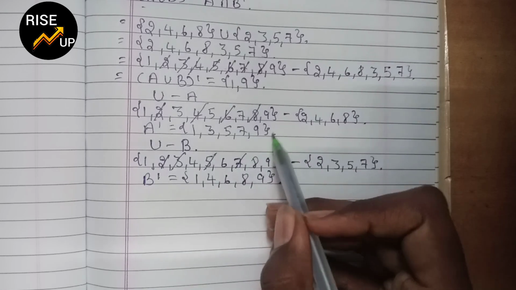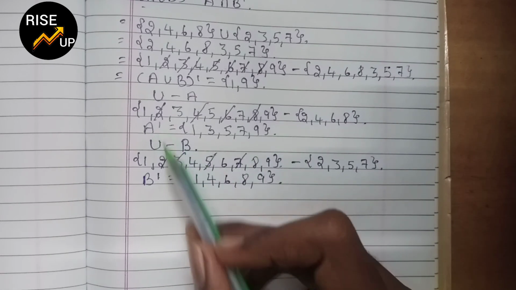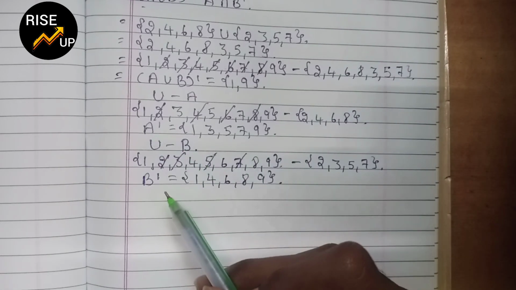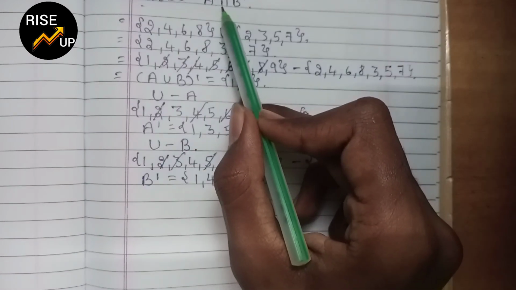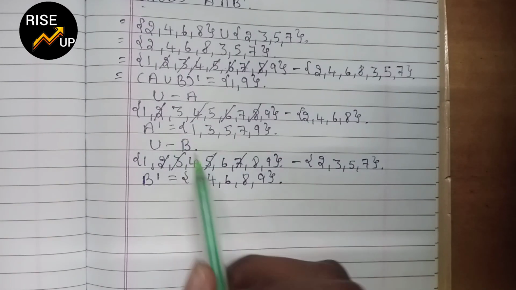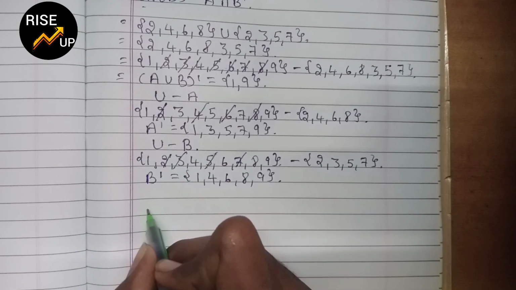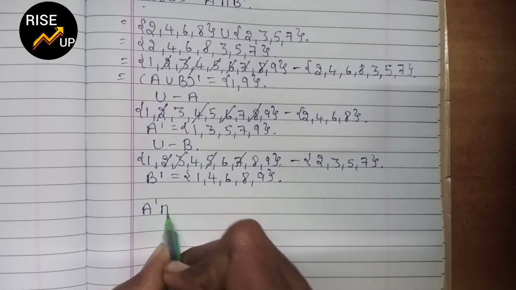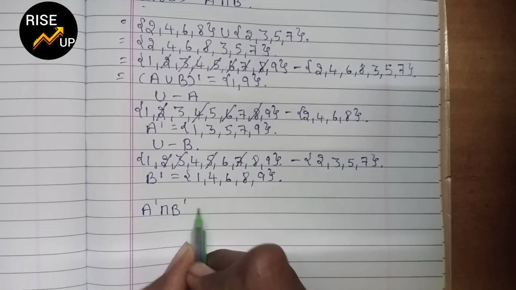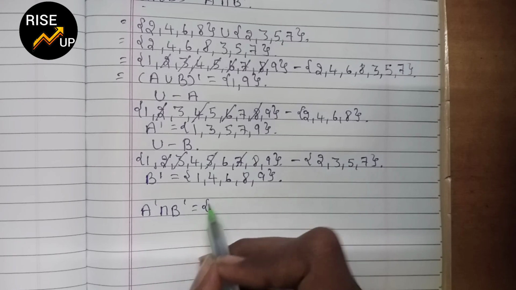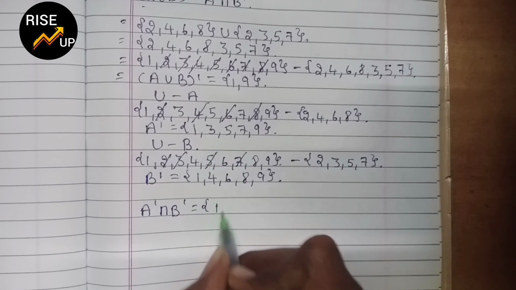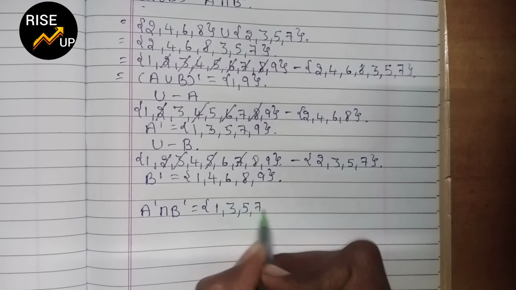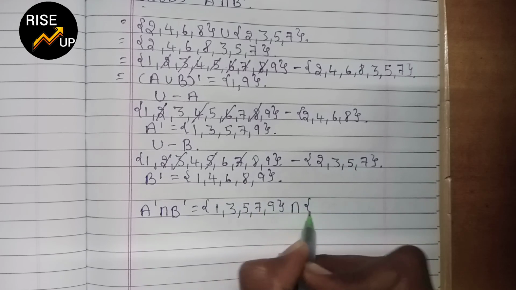Now you have found the elements of A complement as well as B complement. The third step is the intersection of these two: intersection of complement of set A and complement of set B. Write down the elements of both.